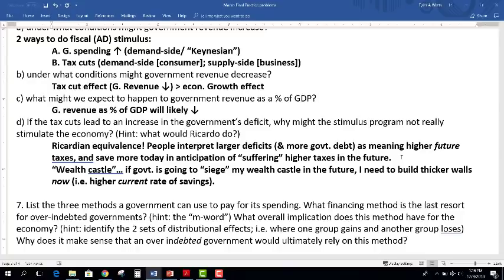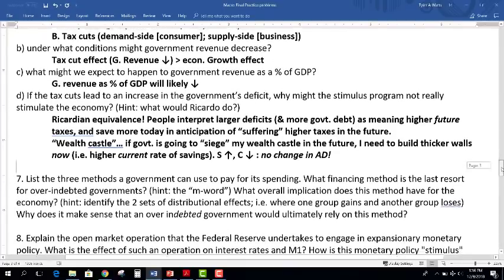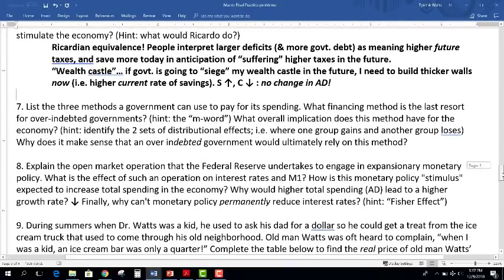And if savings goes up, consumption goes down, ergo no change in aggregate demand in the short run. Okay, so that's just kind of another application of that Ricardian equivalence concept, which is the kind of the ultimate form of crowding out.